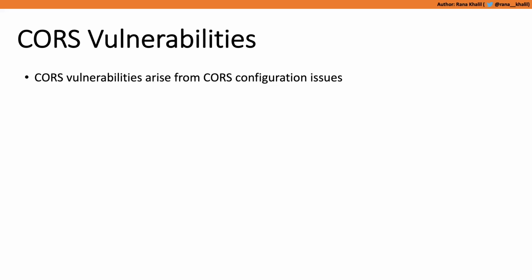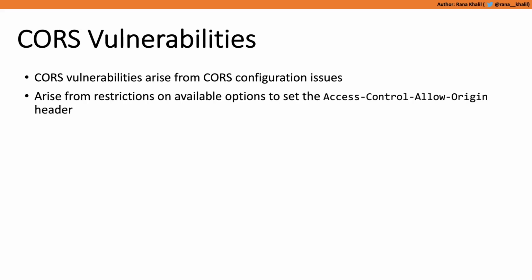That's because it's essentially just a misconfiguration on the developer's part that caused a security risk. However, the standard that defines the restrictions on how CORS headers are allowed to be set makes it a bit too easy for developers to make mistakes when configuring CORS rules. And that'll become clear in a second.